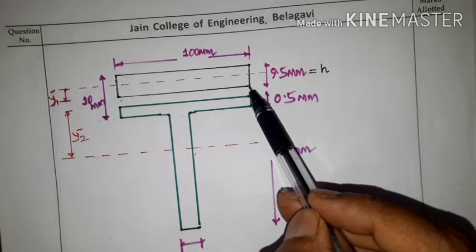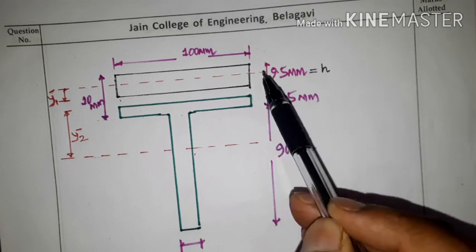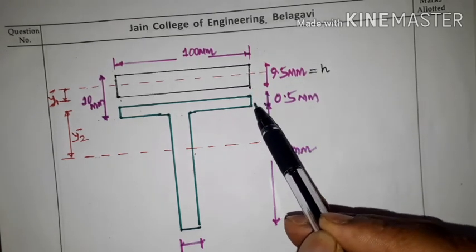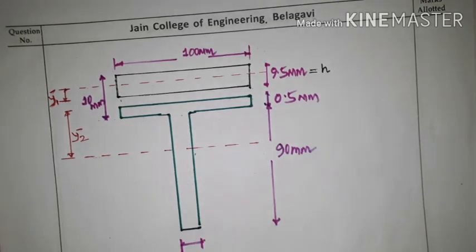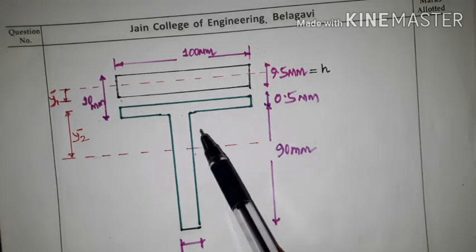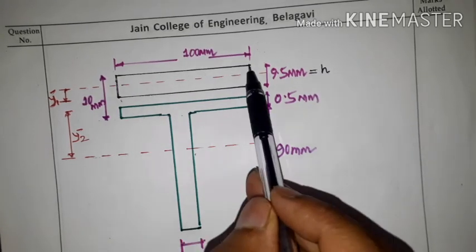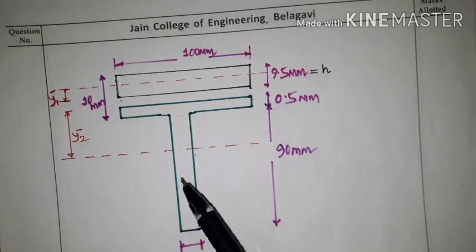So we have left only 9.5 mm flange. Because of equal area axis, the 9.5 mm flange is divided, and the remaining 0.5 is added into the part which is below equal area axis. Understood? So it was a T section. Because of equal area axis, this part is above the equal area axis, and this part, the green color, is below the equal area axis.